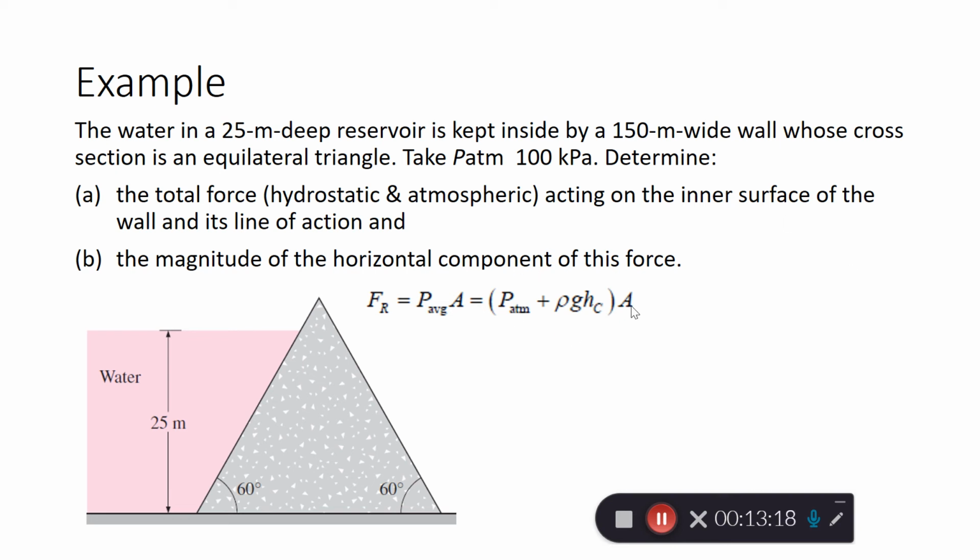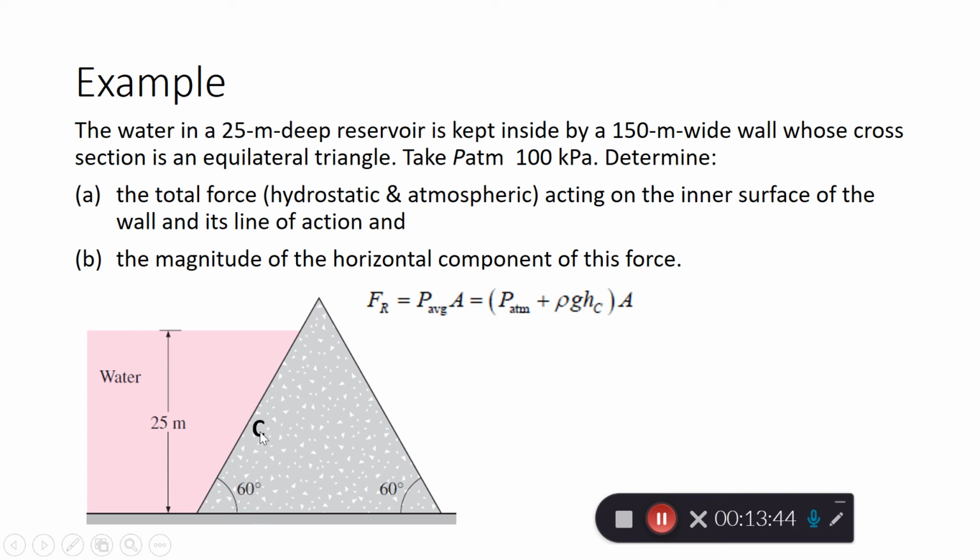So this is total pressure times the area. The area here is the area of the wall that is in contact with the water. So obviously it is not this triangle, right? It is the other side that you don't see. It's a view from this plane. All right, now let's see the values.